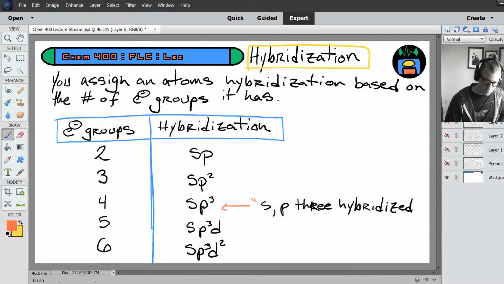So that's how you pronounce that. You say sp3 hybridized, sp2 hybridized, sp hybridized, etc.